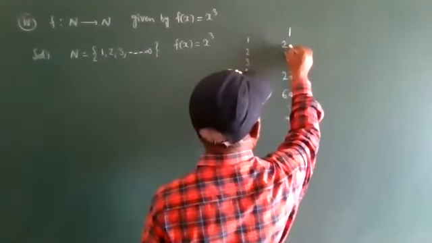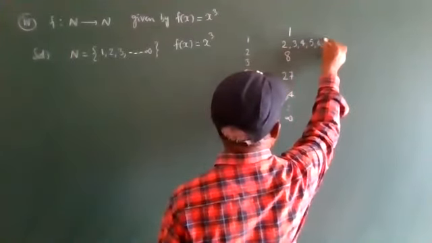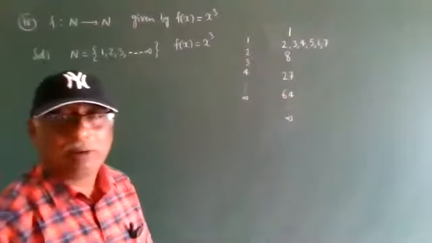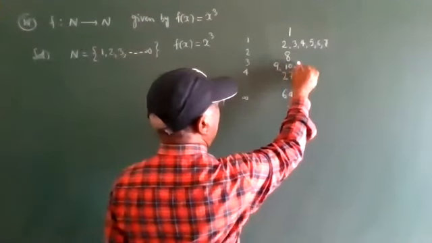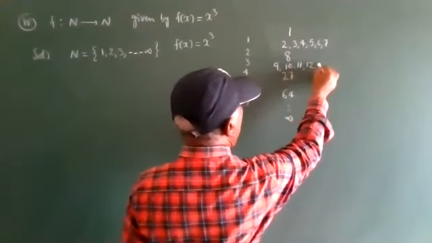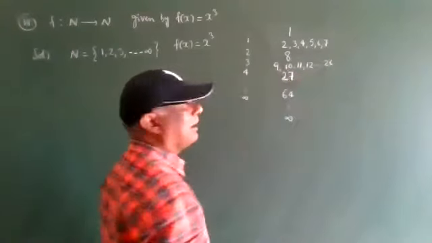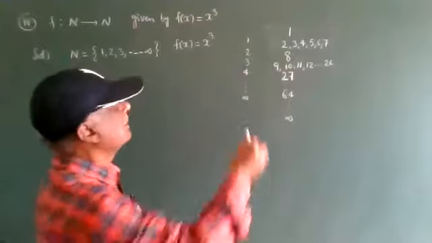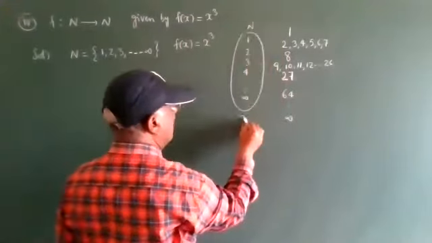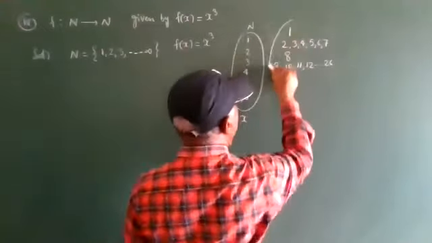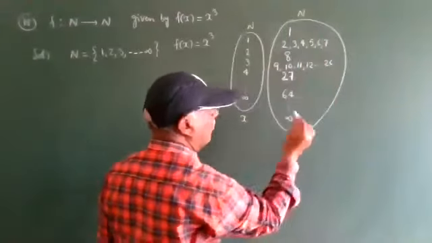Here we have 2, 3, 4, 5, 6, 7, here we have 9, 10, 11, 12, up to 26, next to 27, remaining like that. So this is the domain, natural numbers. Domain elements are represented by x. This is the codomain. Codomain elements are represented by y.